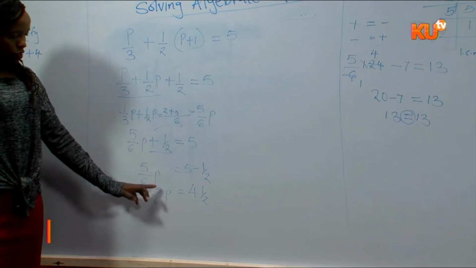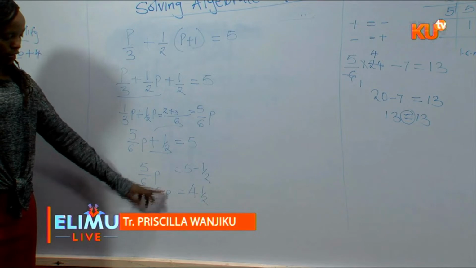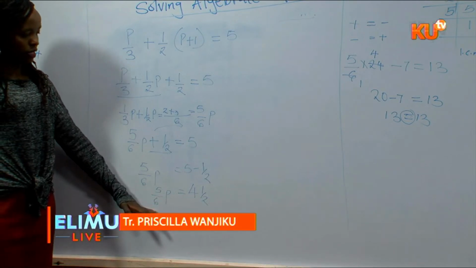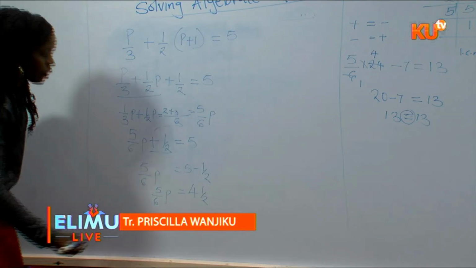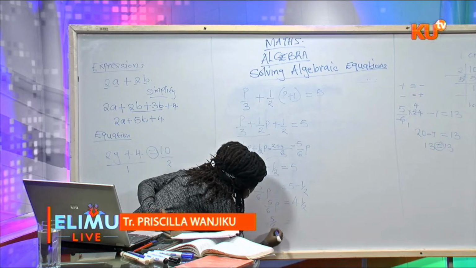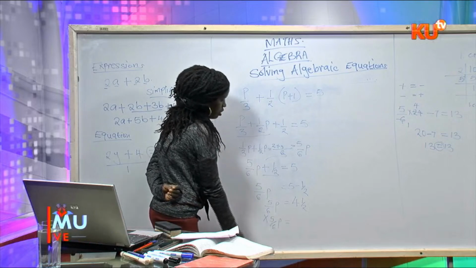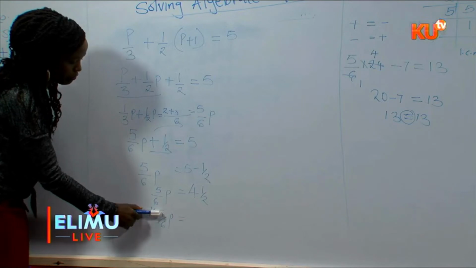I want to get the value of P, so I'm going to remove this fraction from this side, so that I can have P on this side, and then I can have its value on the other side. So I get 5 over 6P, I multiply by the reciprocal. Because I want to remove this, I use the reciprocal of 5 over 6.